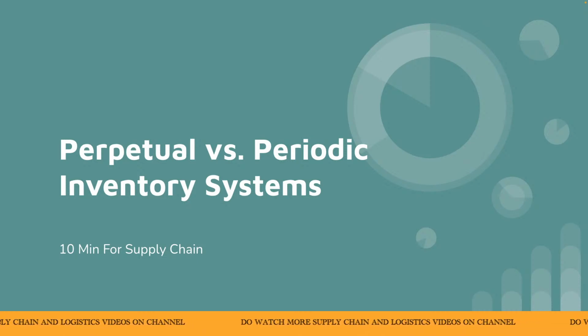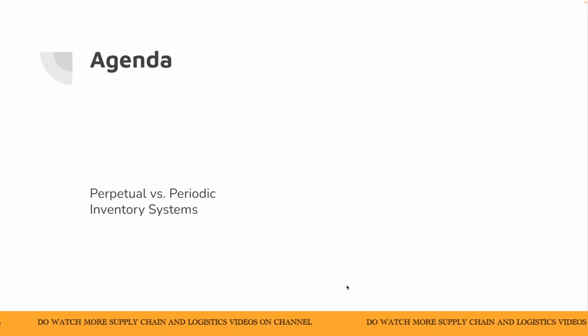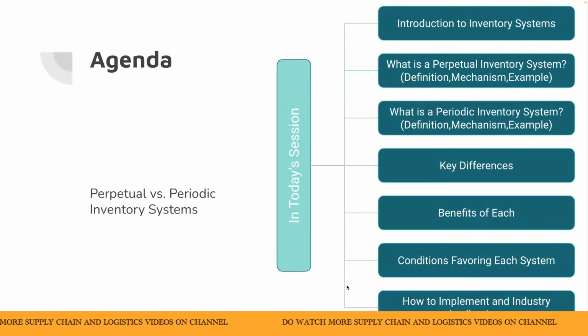So let us discuss what we are going to cover today. The main agenda is to discuss perpetual versus periodic inventory systems. First, we will check what inventory systems are basically. Then we will understand what the perpetual inventory system is, and what the periodic inventory system is.